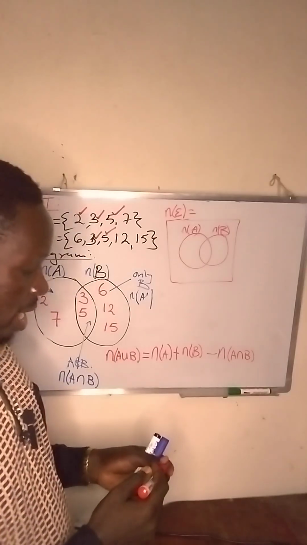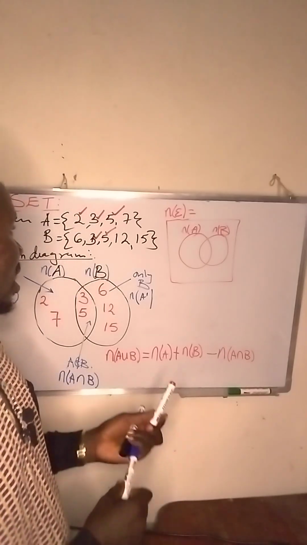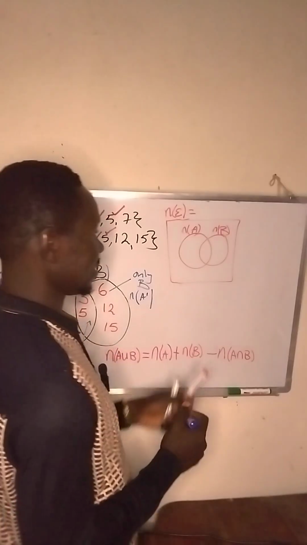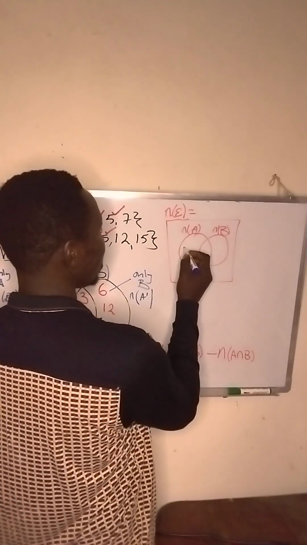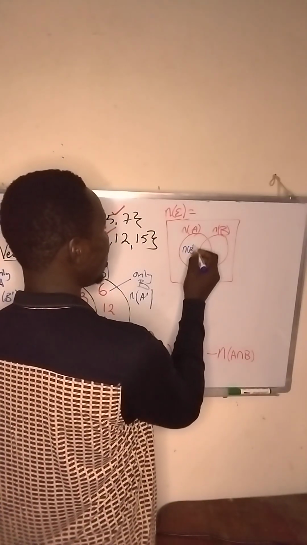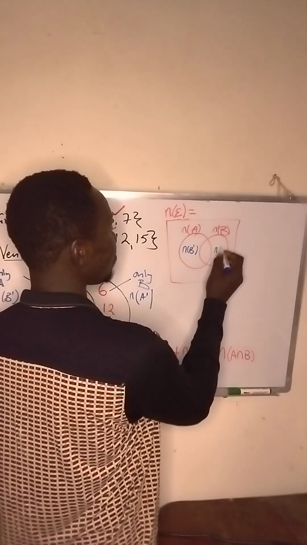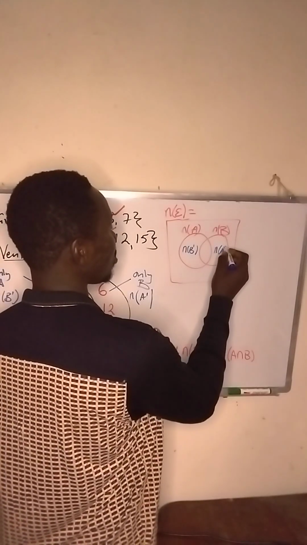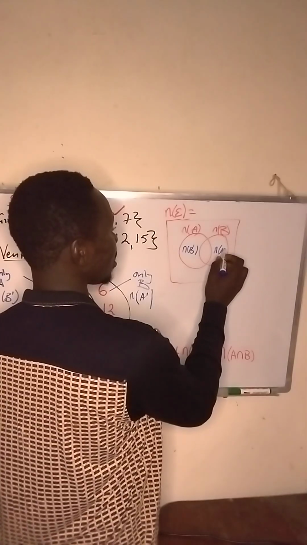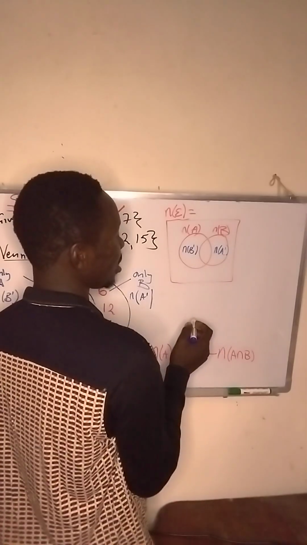Which means we will have to understand this: here is the number of B complement. This is the number of A complement. Are you seeing that one?